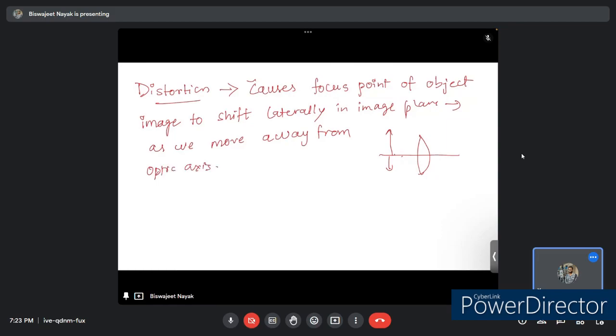So why is this distortion happening? It's because of the nonlinear magnification.